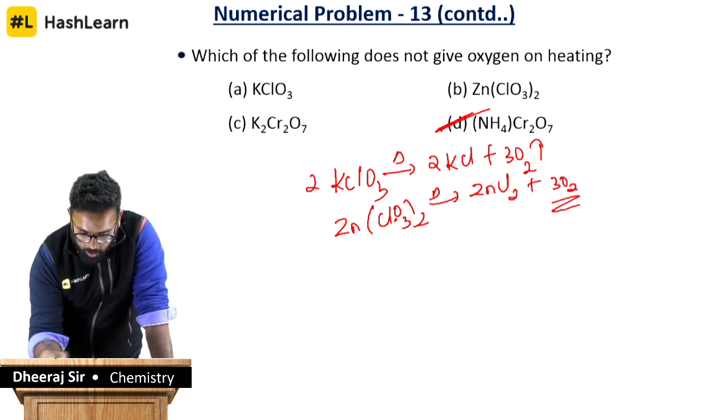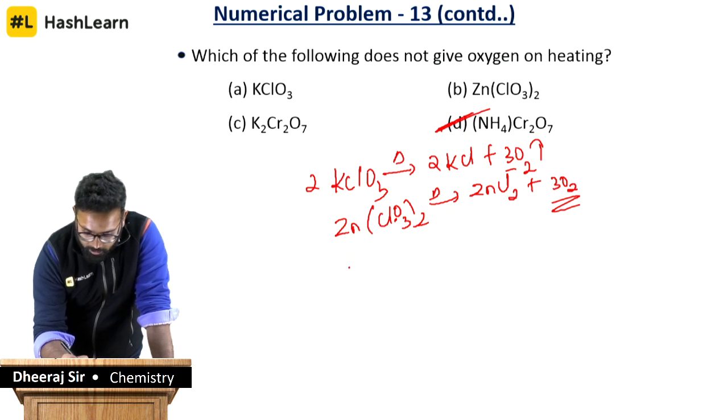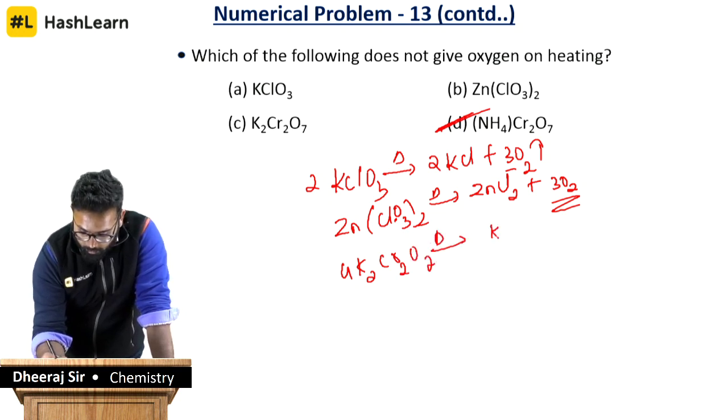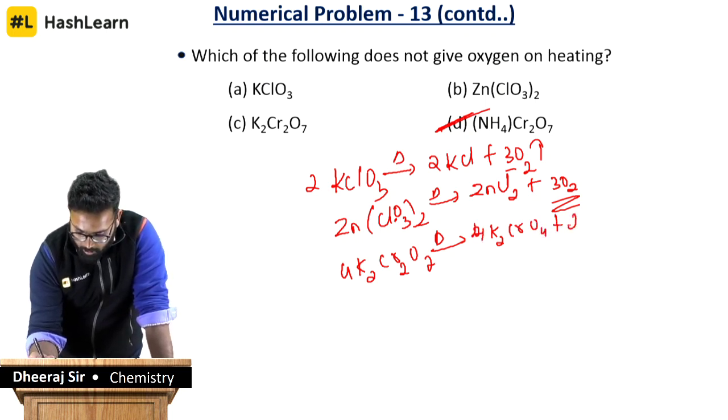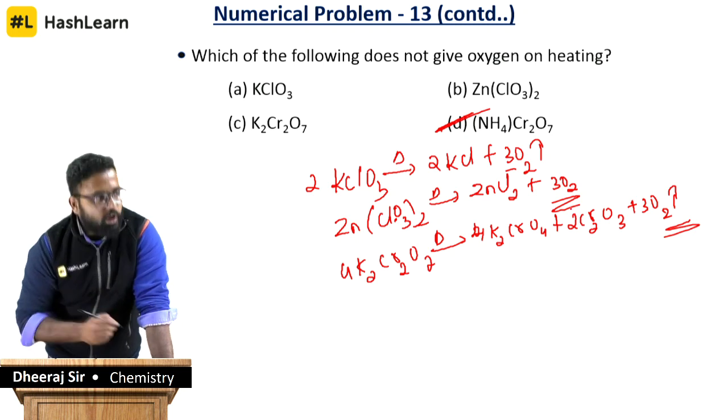Again it will give you oxygen just like the first reaction. Third reaction is 4 moles of potassium dichromate on heating will give you dipotassium chromate along with chromic oxide and oxygen. This will also give you oxygen.